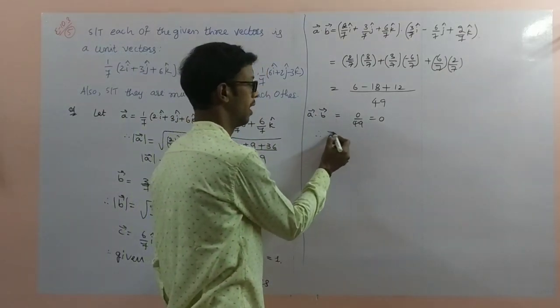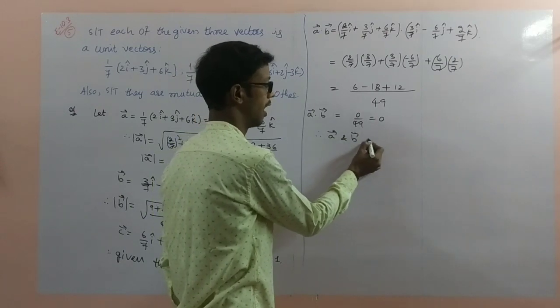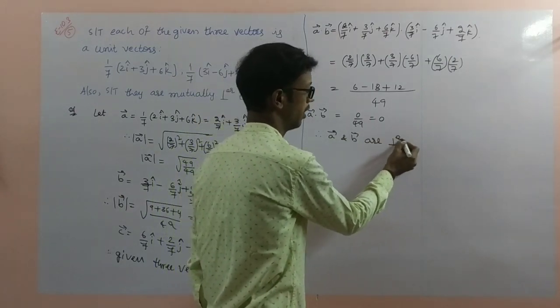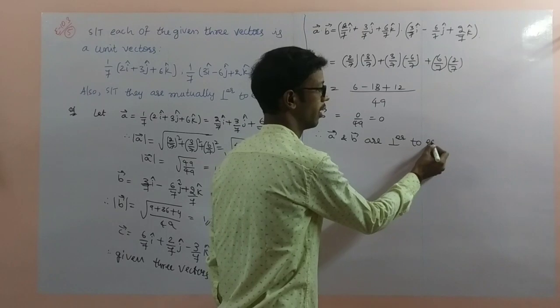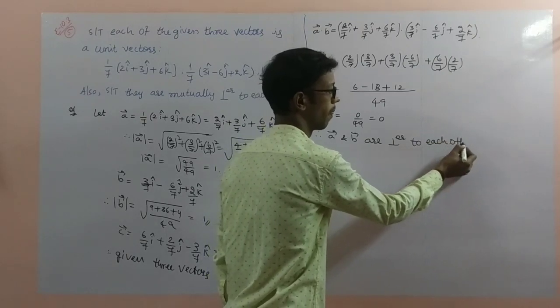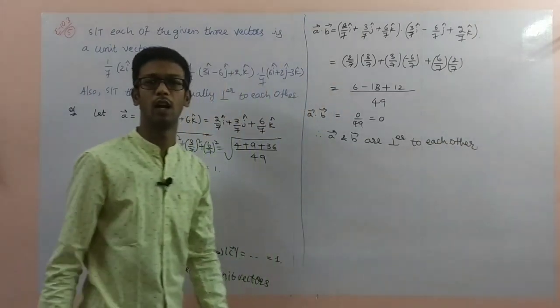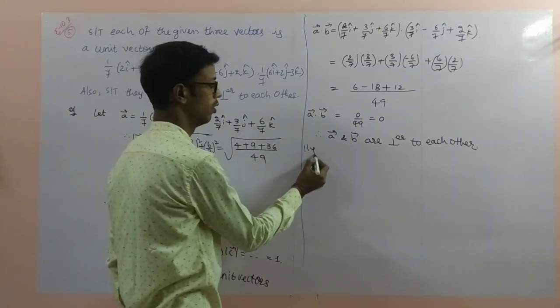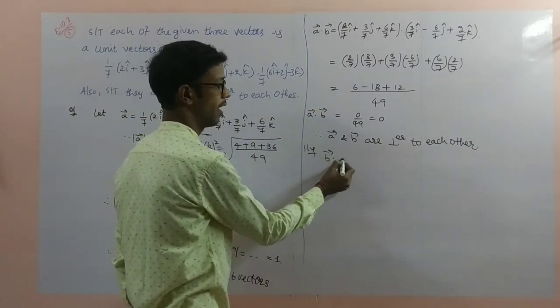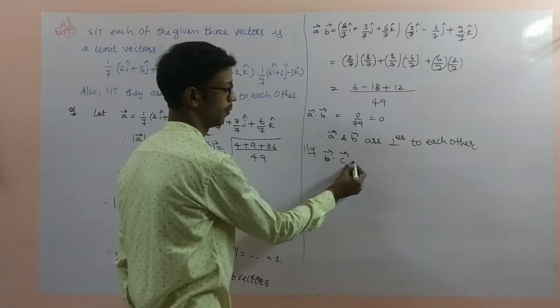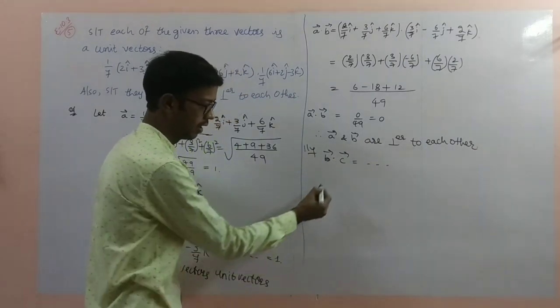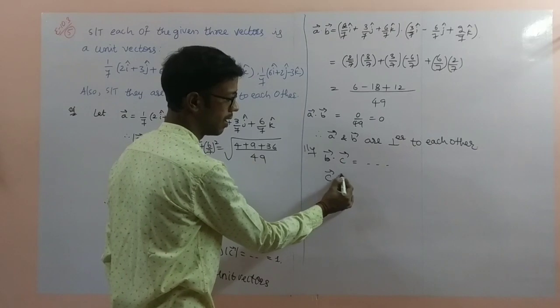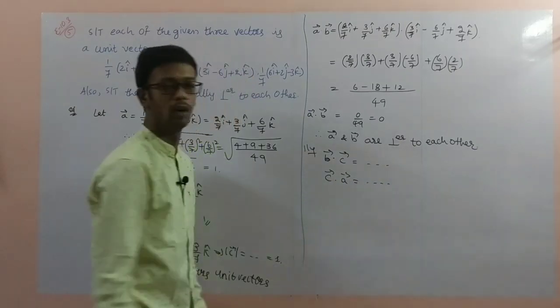Therefore, A bar and B bar are perpendicular to each other. Similarly, we have to continue this process. B bar dot C bar we have to find, and C bar dot A bar also you have to find.